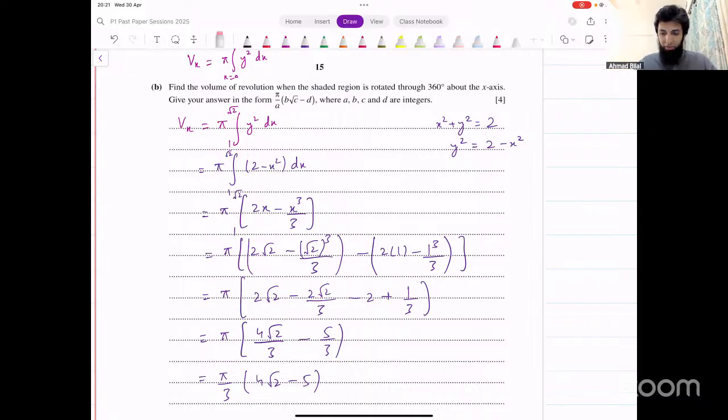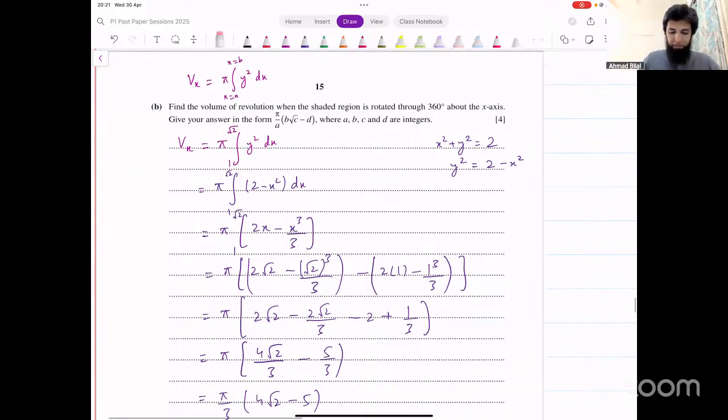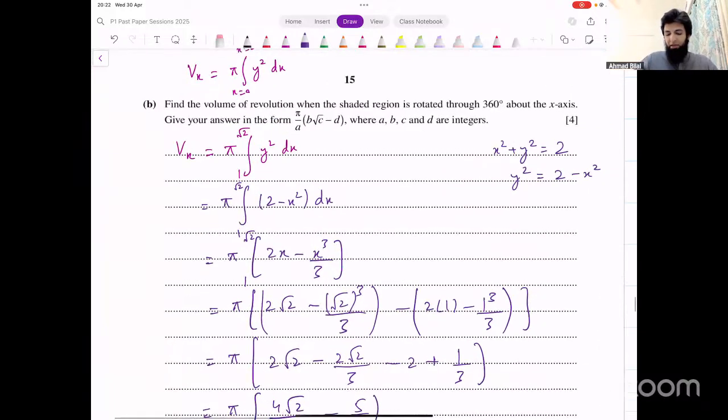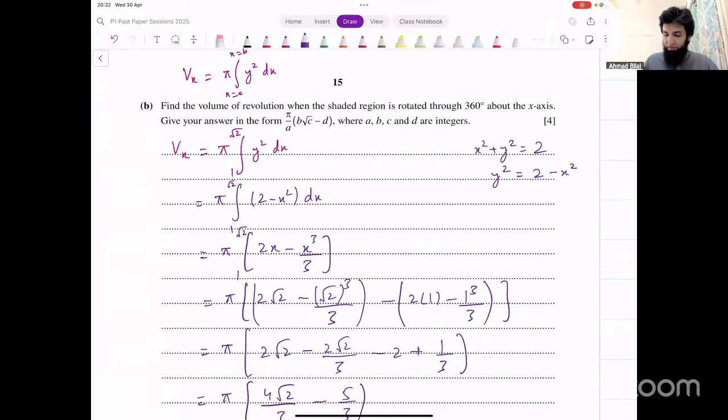Okay, part B. So part B was, we just used the volume formula, pi into integration of y squared with respect to x. And then since this was the equation of the circle, we made y squared the subject from that. Y squared equals 2 minus x squared. We put that in the formula here.